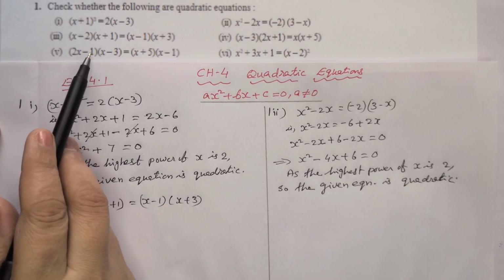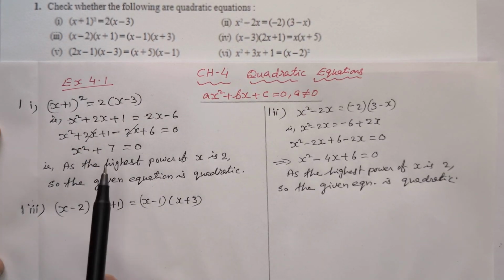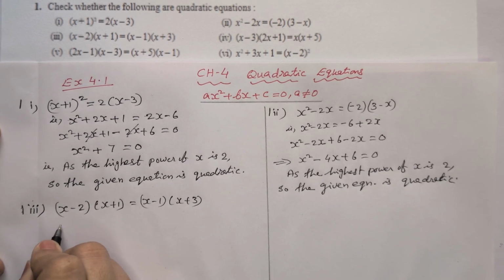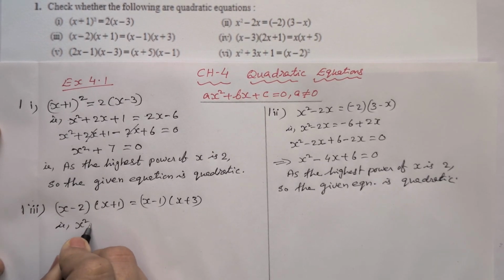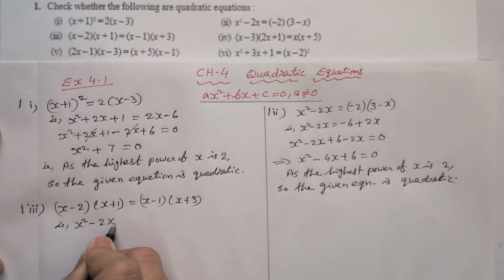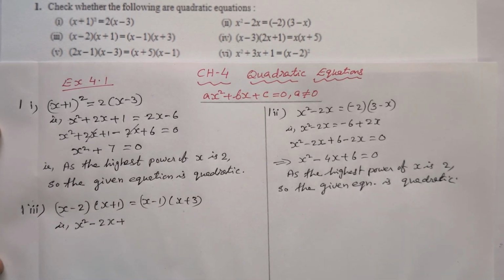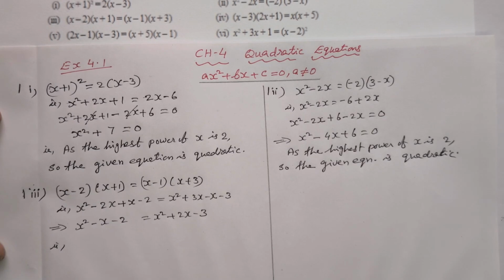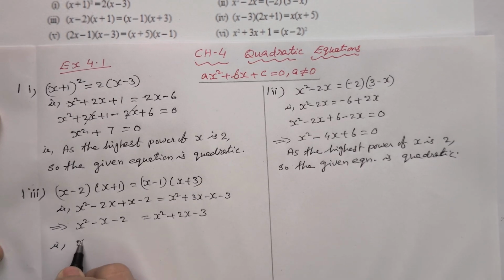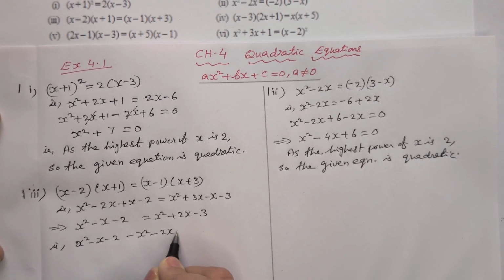Third one, (x minus 2) into (x plus 1) is equal to (x minus 1) into (x plus 3). Open the bracket. That is x square minus 2x plus x, that is minus x minus 2 is equal to, then move to one side: x square minus x minus 2 minus x square minus 2x plus 3 is equal to 0.